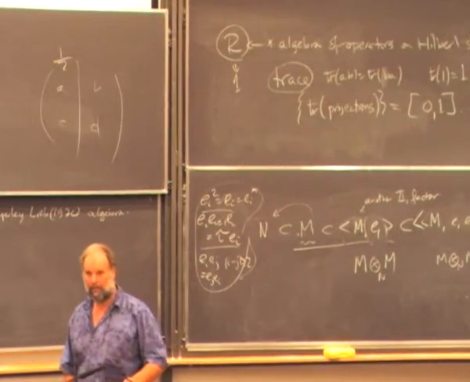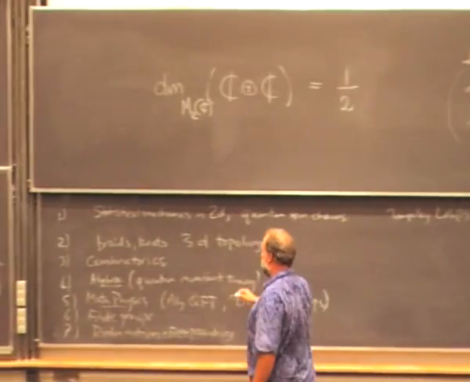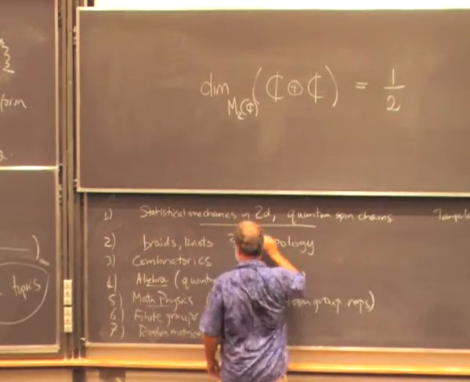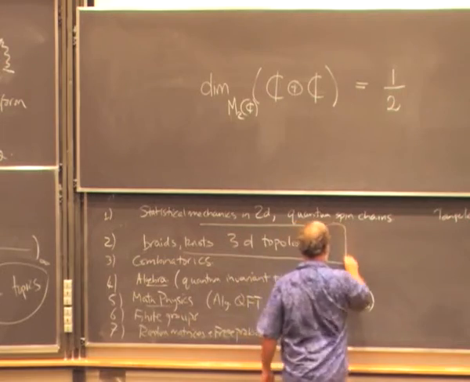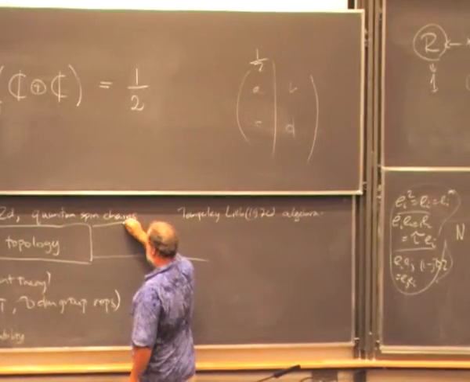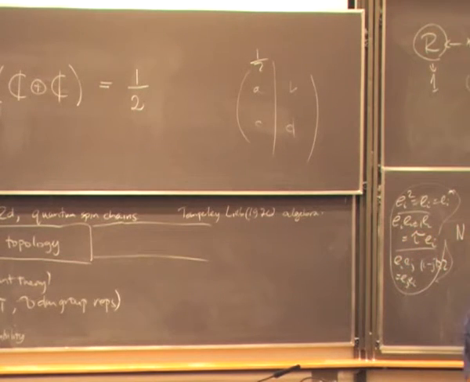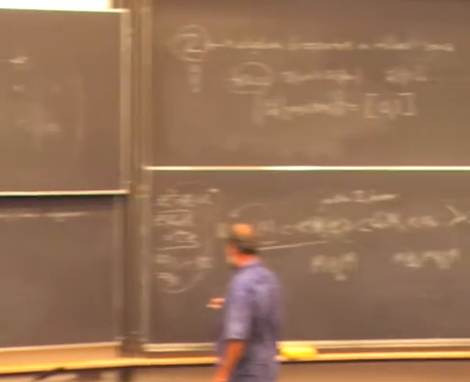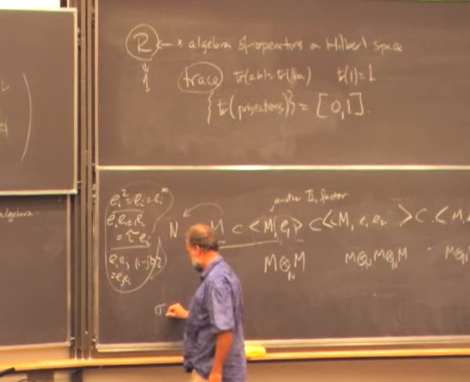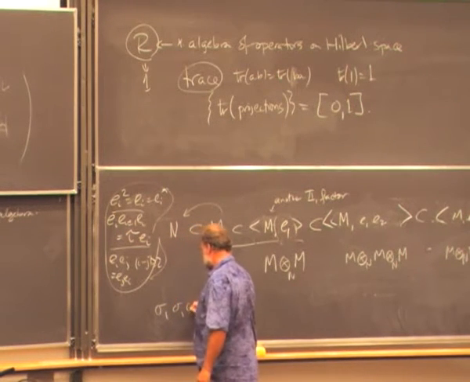Right, enough of that. The next interaction was braids and knots in 3-dimensional topology. So what happened here was you can make a braid group representation out of these guys. The braid group is algebraically the group of this presentation.